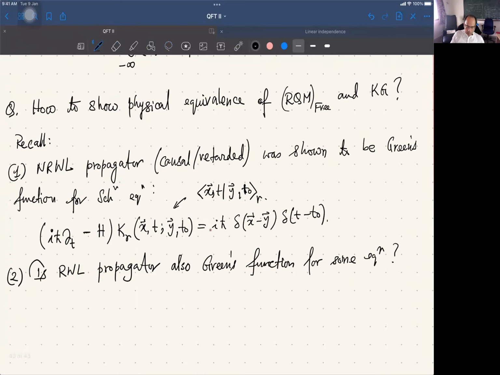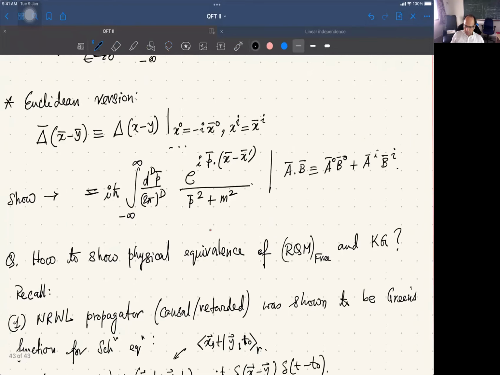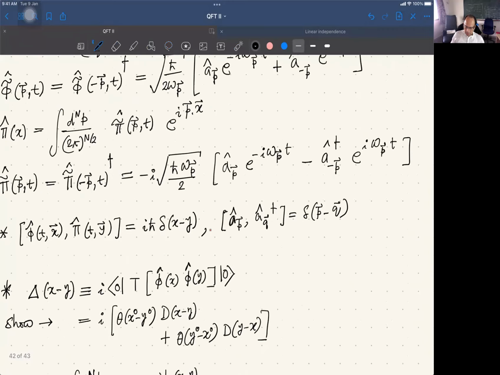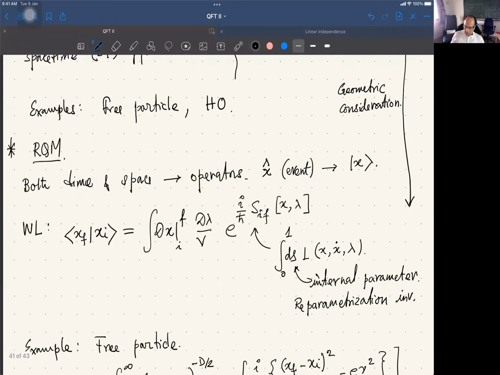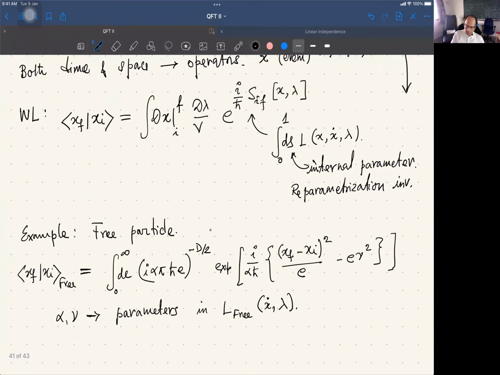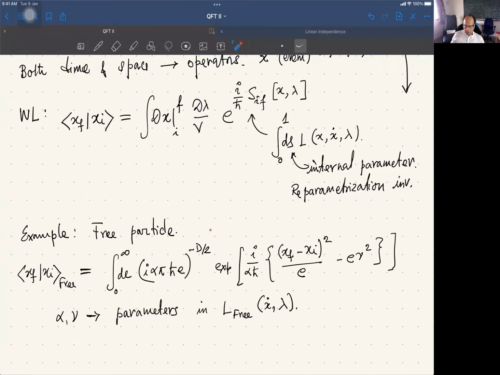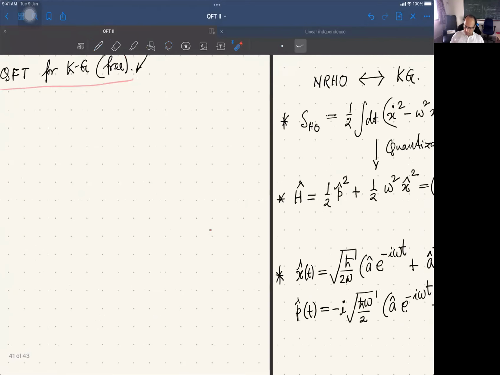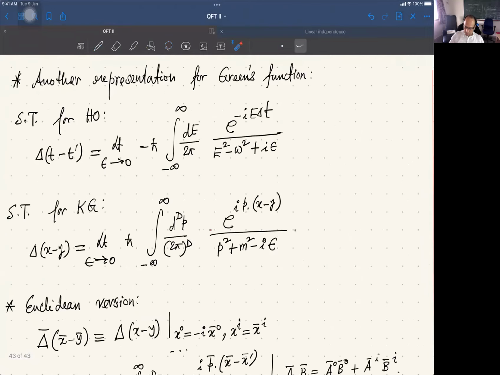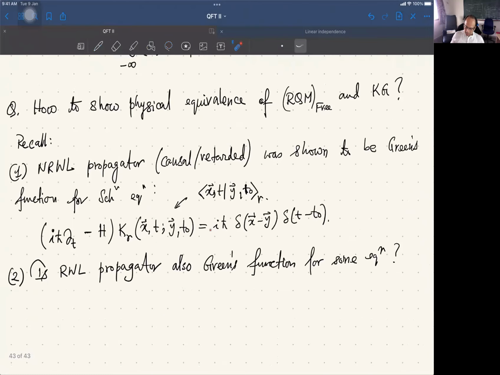So recall the result. We wrote down the result here. We're referring to this, whether this is a Green's function of some equation. So this is nothing but K(x_f minus x_i).